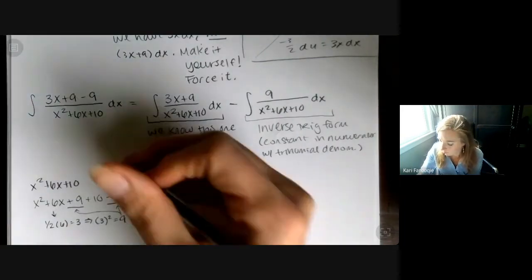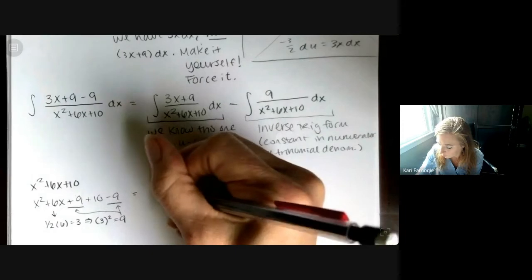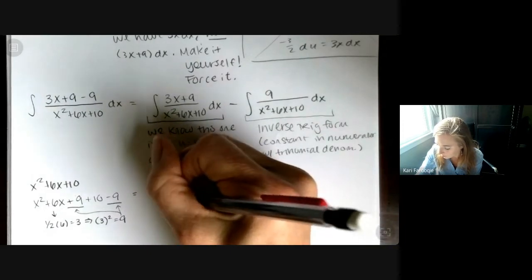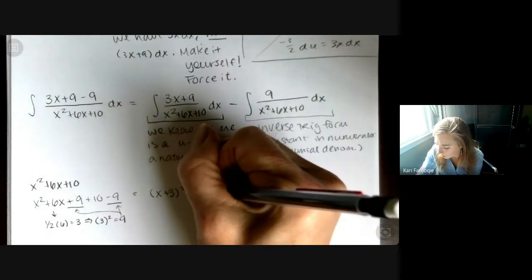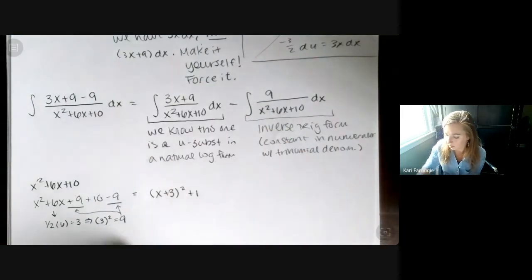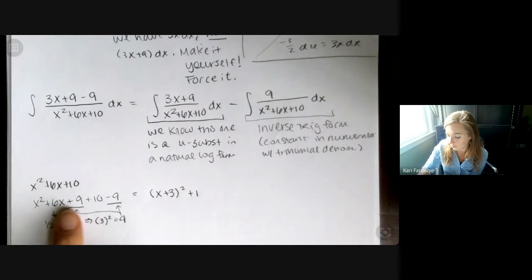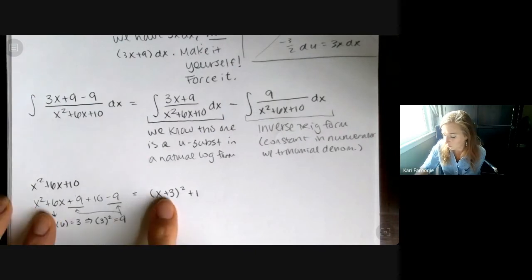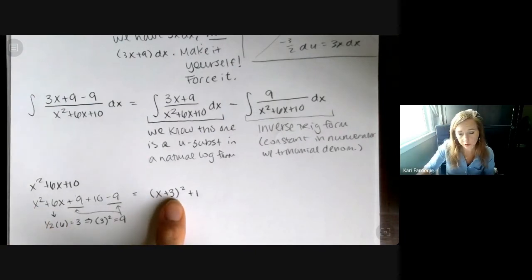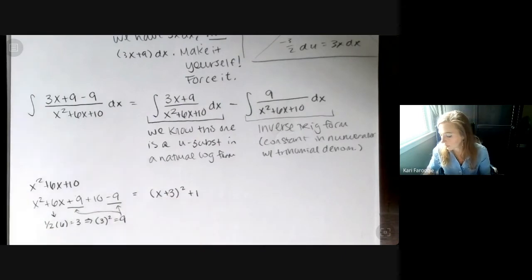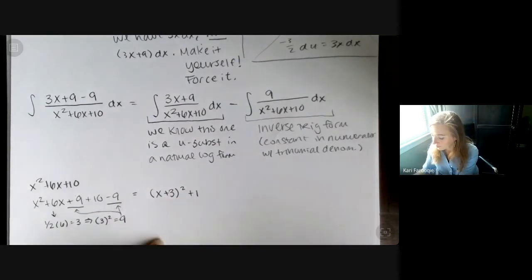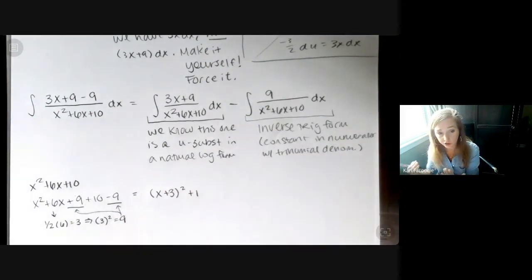All right, so when I rewrite this as a perfect square, I'm going to write this as x plus 3 quantity squared plus 1. So the 10 minus 9 gives me 1. And then to complete the square, I'm taking x plus, and then half of the middle term's coefficient, in this case, is 3. Okay. So now I can say that I'm looking at two different integrals.